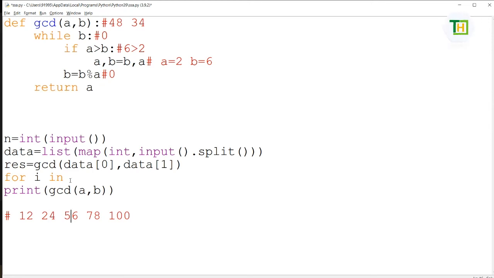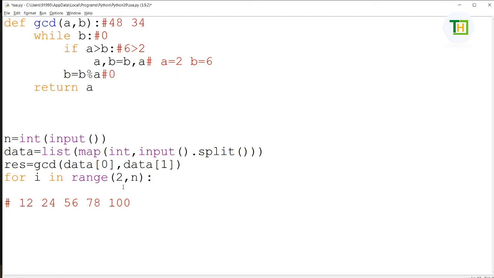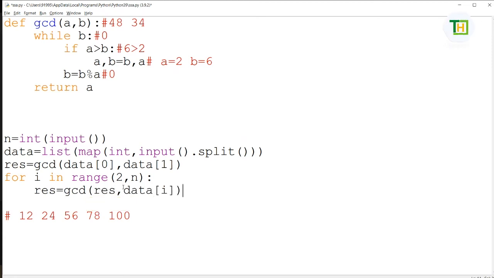I have to start from 2 to n. Instead of writing this, I'm going to write result is equal to GCD of result comma data of I. That's it.